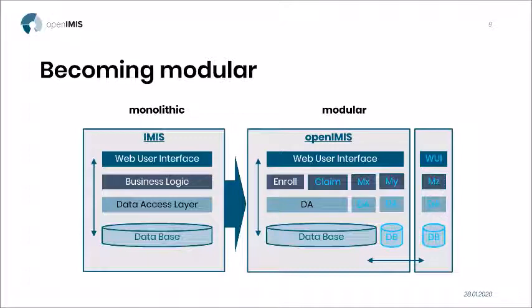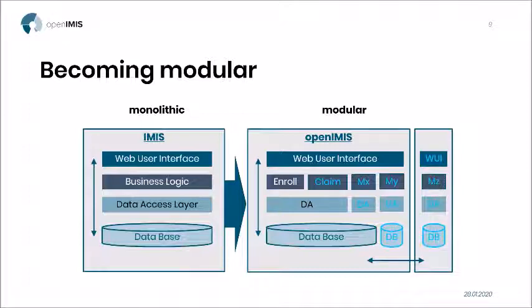We can create module X or module Y, or even beyond, we looked at a module being completely separate, just being interoperable with the openIMIS core, and this could be an example of interoperating with another digital health system altogether.